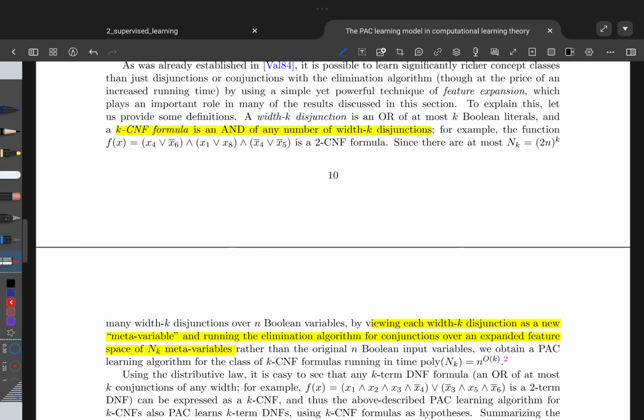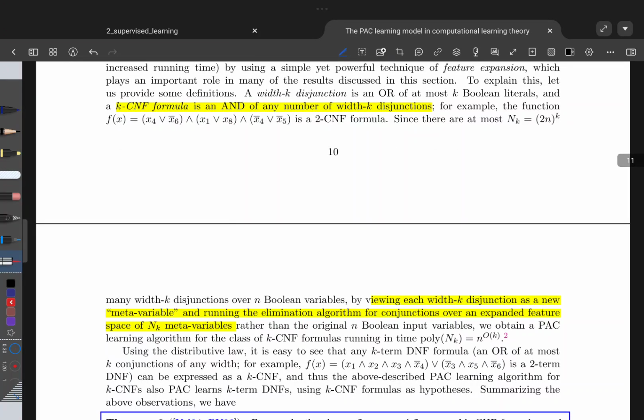It's not a Boolean variable, but rather a vector. So you treat each meta variable, as they call it, in an expanded feature space. So you look at all possible configurations that each term can consist of.